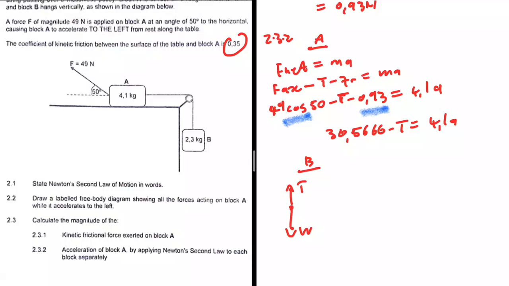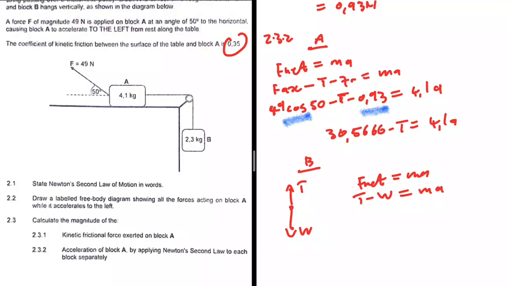So are we moving at a constant acceleration? No, we are not. But the blocks are moving to the left, so B should be moving up. So the tension, well, let's start by saying F net is equal to MA first. The force pulling the object is the tension, and the weight is opposing, and this is equal to MA. So what is the tension?